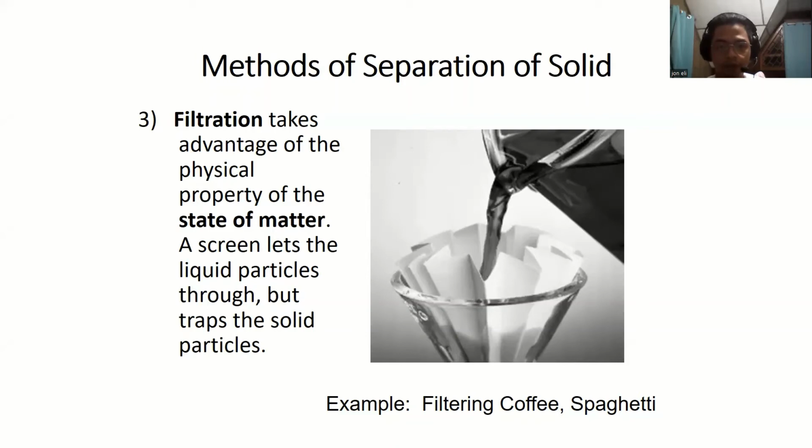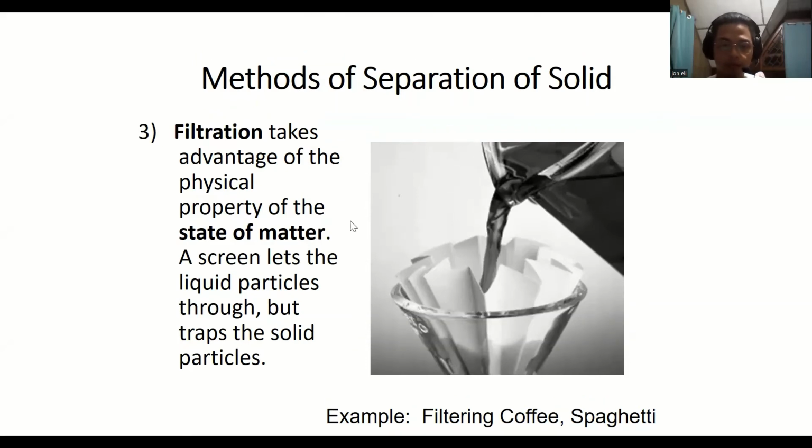Filtration takes advantage of the physical property of the state of matter. A screen lets the liquid particles through, but traps the solid particles. In some processes used in the production of chemicals, both the fluid filtrate and the solid filter cake are recovered.